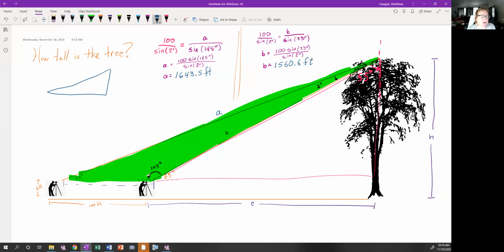I would say law of sines because we have 2 angles and a side. Anybody want to argue with that?